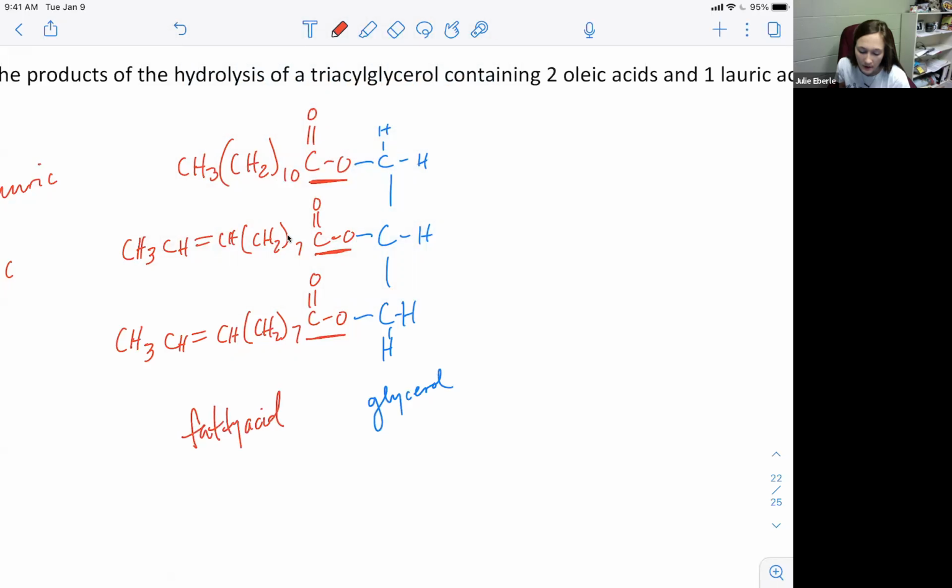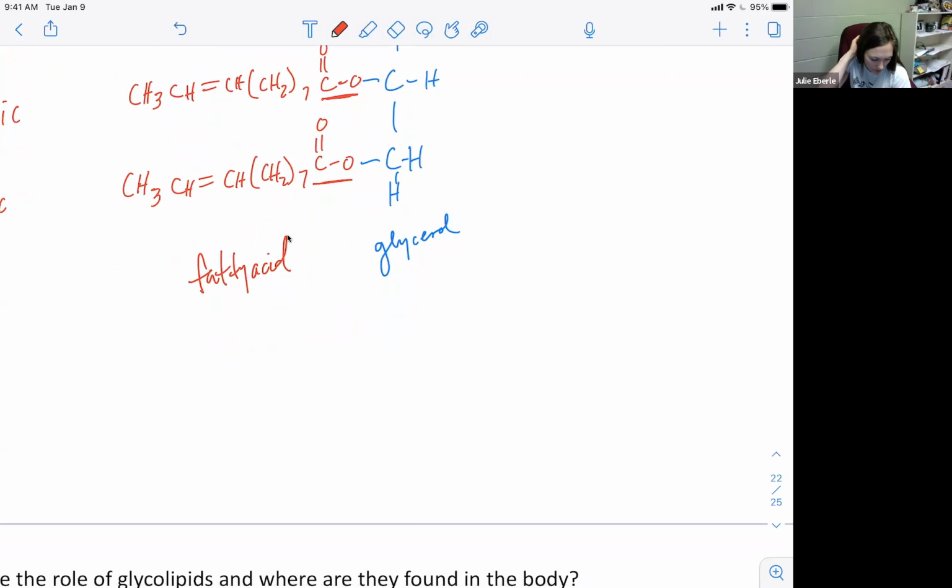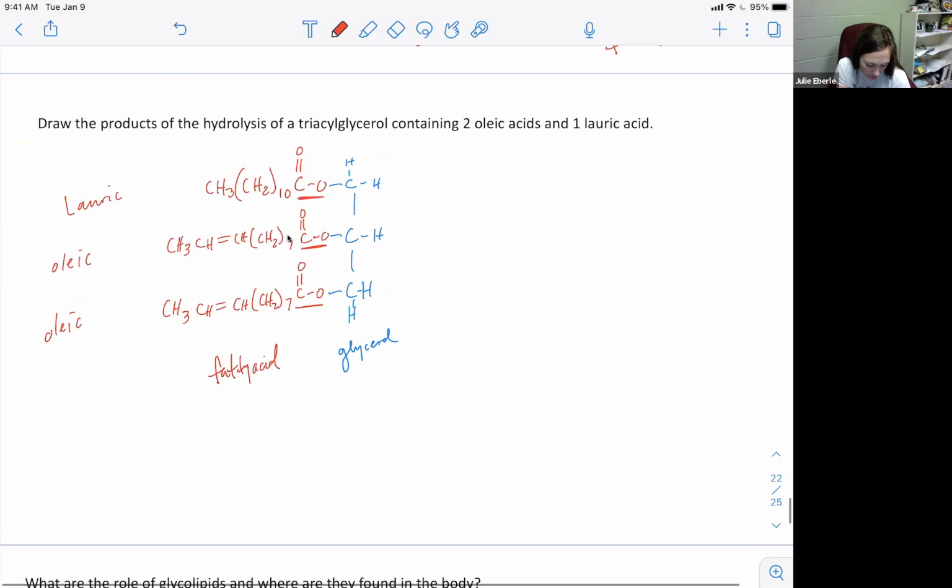Okay. When these bind, what we're about to do is hydrolyze. Okay, draw the products of the hydrolysis. So when we're doing hydrolysis, we're using a water molecule to break these apart, right? Any hydrolysis reaction uses water to break molecules apart. So we'll say plus water.